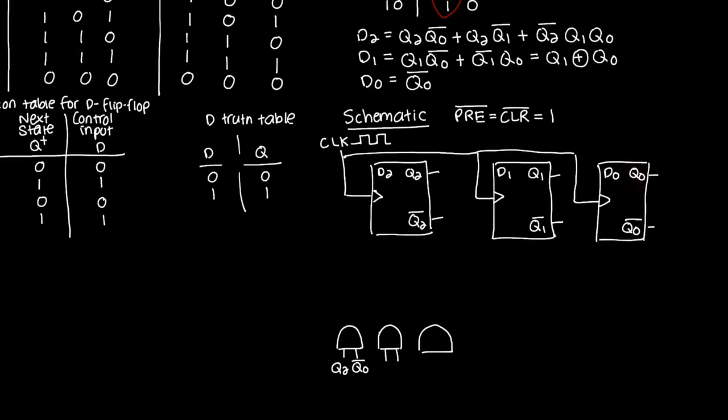And for the second AND gate, the inputs are Q2 and Q1 bar. Q2 comes from here, Q1 bar comes from here. And the third AND gate is a 3 input AND gate that has Q2 bar, Q1, and Q0.